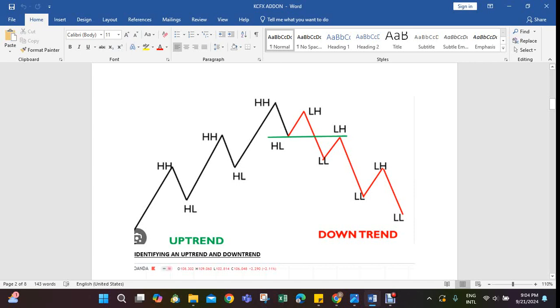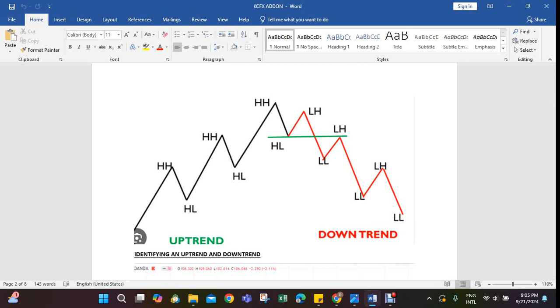HL is a higher low, while HH is a higher high. It's like stairs going up. Anytime you see higher low, higher high, higher low, higher high, it's an uptrend. The market is going up.